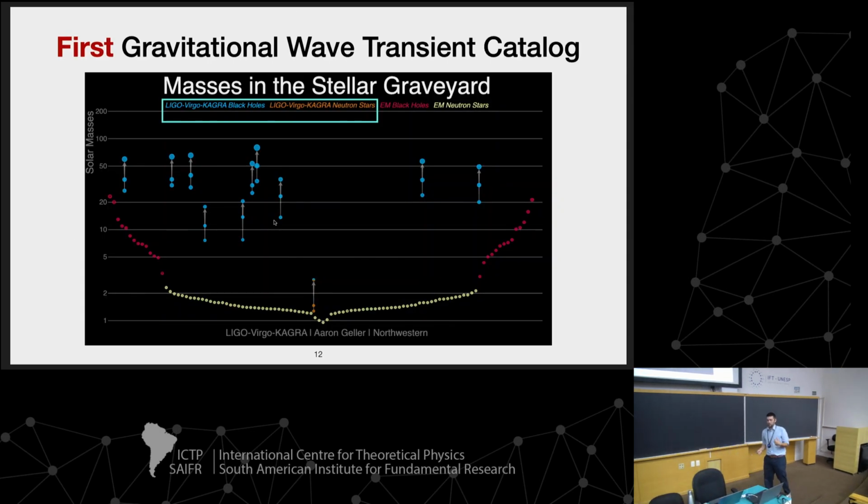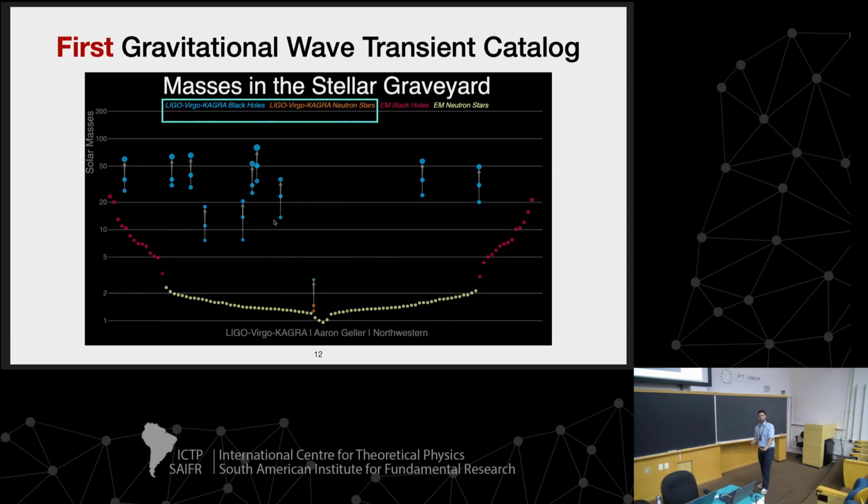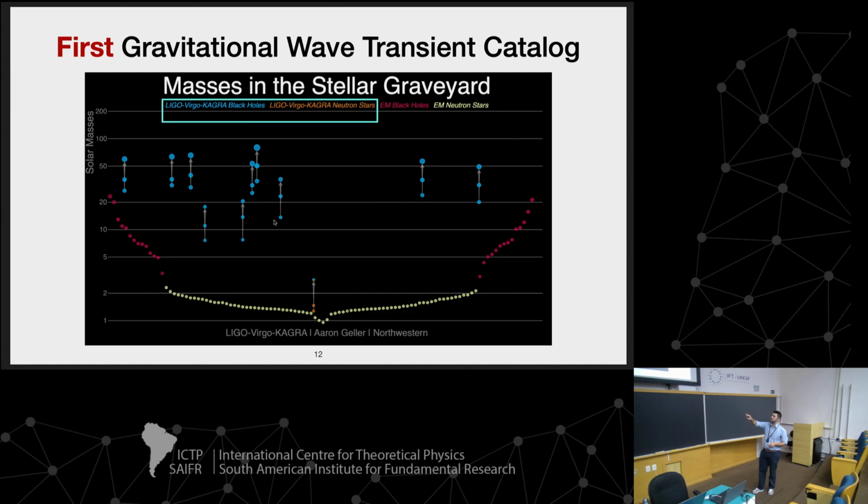Okay, so once you're done with an observing run, what you want to have is an official catalog of detections, and this is called the Gravitational Wave Transient Catalog. In the first one, they published the results of the first two observing runs, so you do not have a one-to-one connection, but it's not a problem. So what you have here, on the y-axis, is the solar masses. If you focus on the blue dots, these are binary black hole mergers.